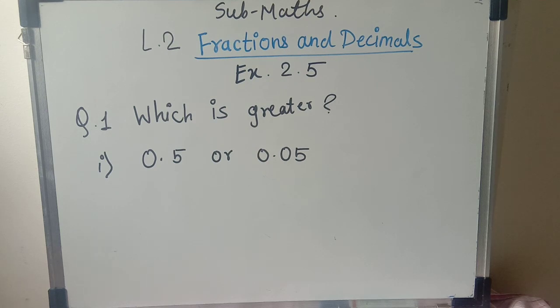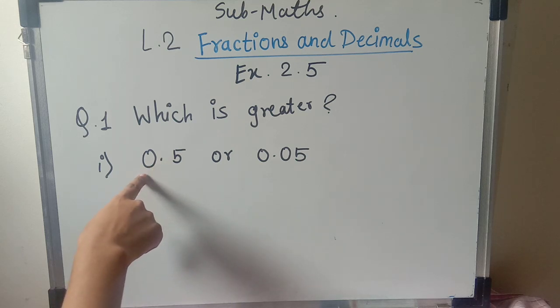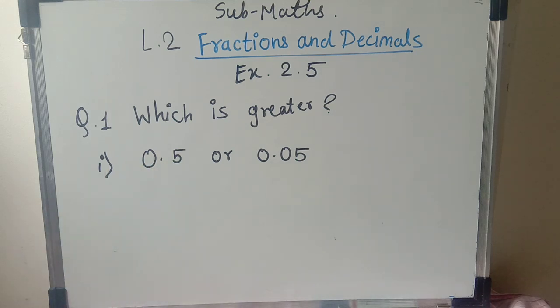First of all, we have to see the number before the decimal. If the number before the decimal is greater, it means that number is greater.